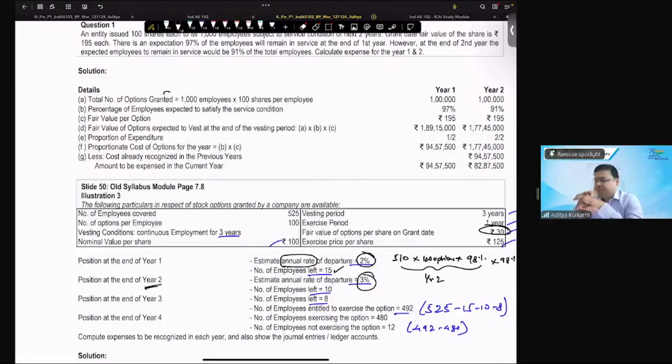Devraj, Karthik, Hemant, Kishore, Mamta, Jeannie. The 485 options, or 485 employees. Multiply by 100, 48,500. That's right. So what is the expense you will book in year 2?